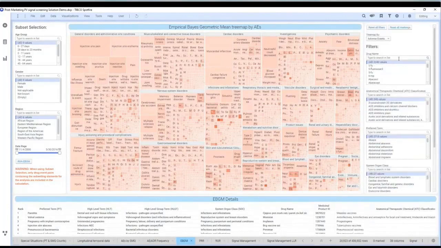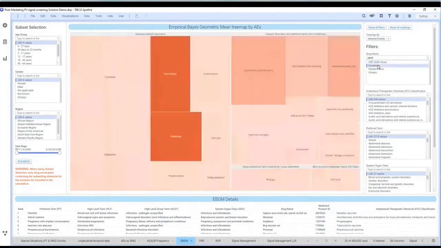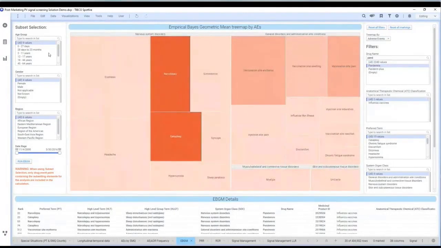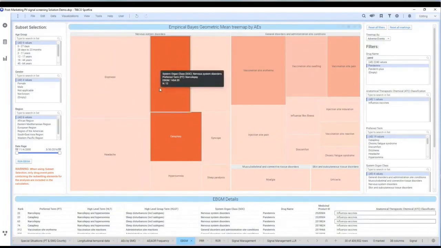So now let's take a look at some real drugs. For example, I'm going to pick a drug named Pandemrix. Pandemrix is a flu vaccine, but a link between Pandemrix and narcolepsy was suspected in 2010 in Sweden and Finland, following a number of reports in children and adolescents.